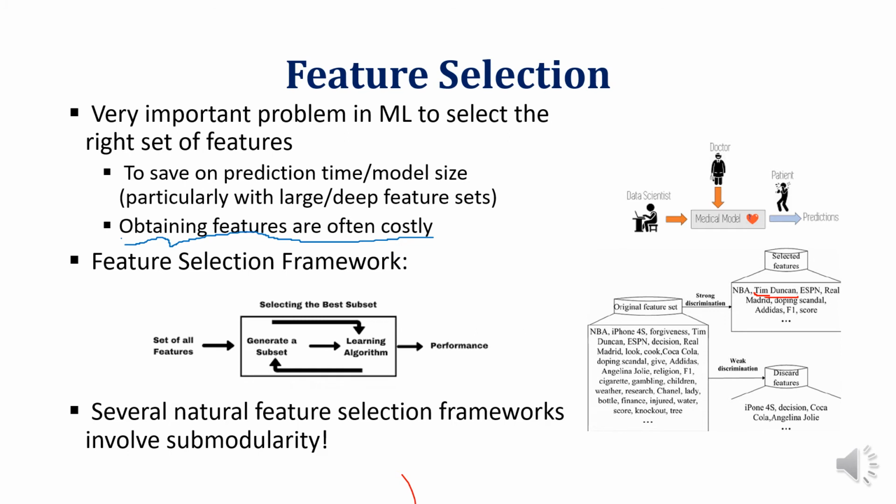So there are two issues here. One is how do you save on the overall search space exploration so that at runtime we can save on prediction time and model size becomes compact. And the second is yes, the construction of features itself can often be expensive. Several natural feature selection frameworks actually do involve submodularity.